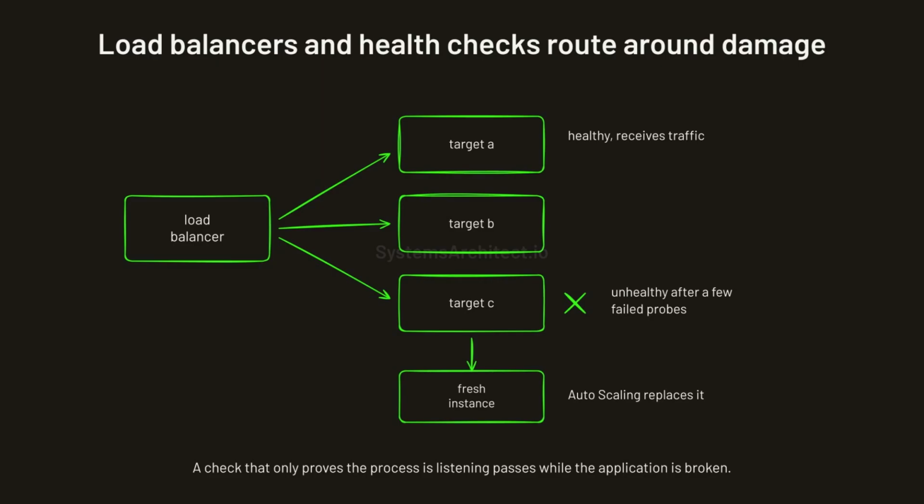After a few consecutive failed probes, the target is marked unhealthy. It is pulled from rotation within seconds. Autoscaling closes the loop, terminating the failed instance and launching a fresh one from the same template. Design your health check to test the path that matters. A check that only confirms the process is listening will happily pass while the application is broken.